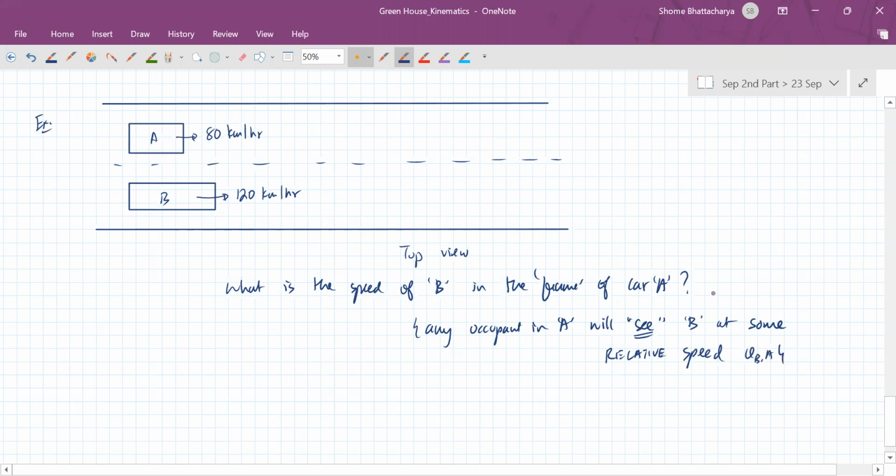Okay, so what is this relative speed? So these are speeds in the ground frame. So in this case, how much is it becoming? Yes, very good.